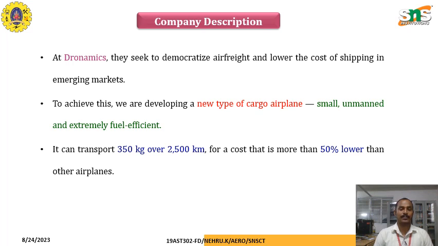It can transport up to 350 kg over 2500 kilometers for a cost that is more than 50% lower than other airplanes. So this is the best thing Dronamics Private Limited is doing: up to 350 kg, they are taking only 50% of the cost of other airplanes.